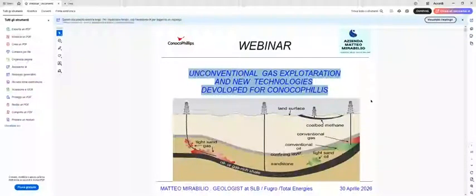So, the unconventional gas exploration and new technologies developed for ConocoPhillips. In this webinar we are talking about some new aspects of unconventional gas exploration and new technologies developed for ConocoPhillips.